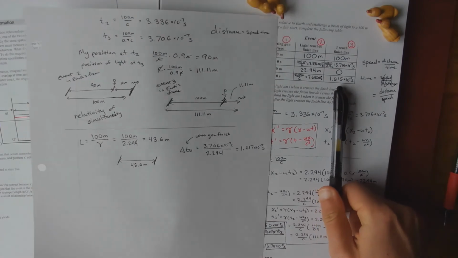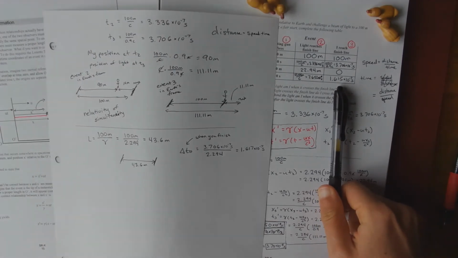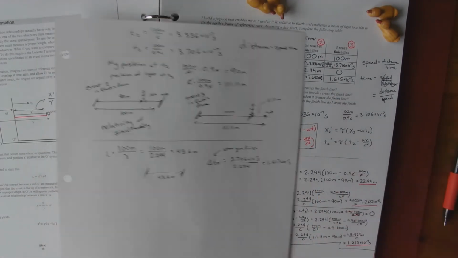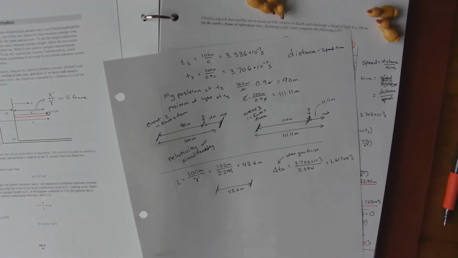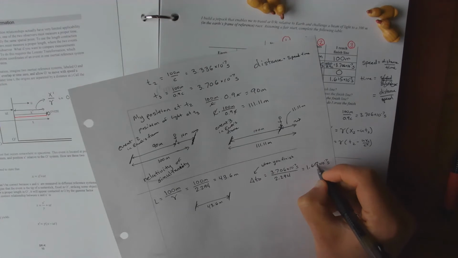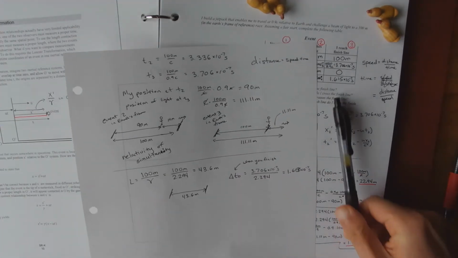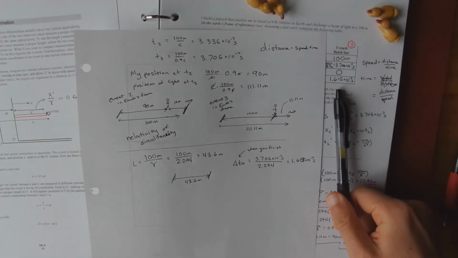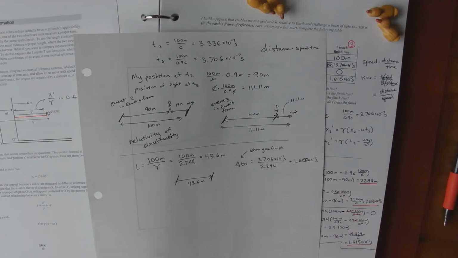Okay, this isn't exactly true. Let me do this again. 3.706 times 10 to the negative 7th divided by 2.294 gives me 1.6155. That's closer to what I have in the table there. So it's just off a little because of rounding.